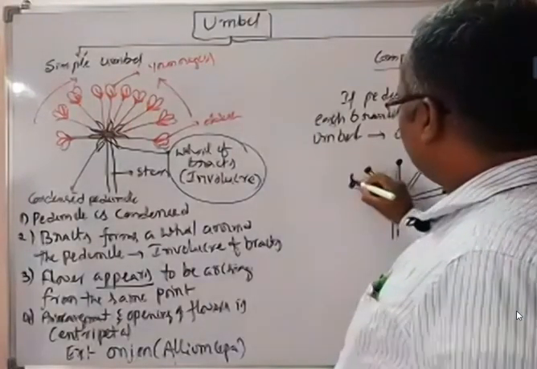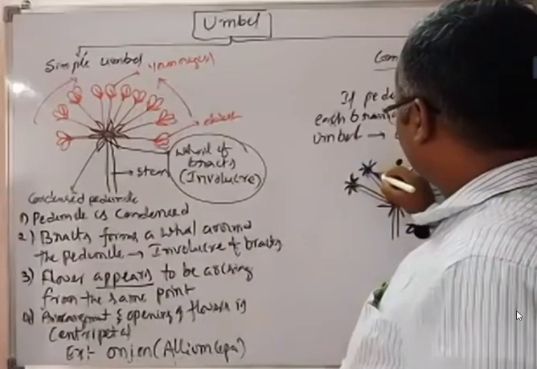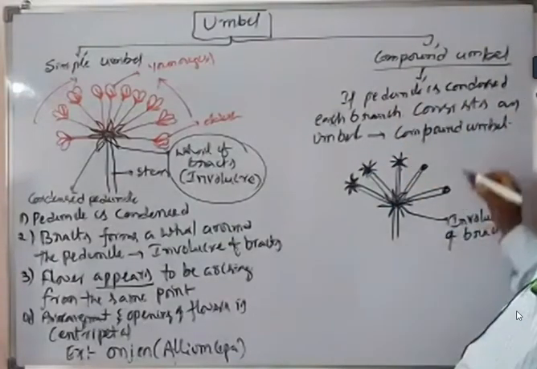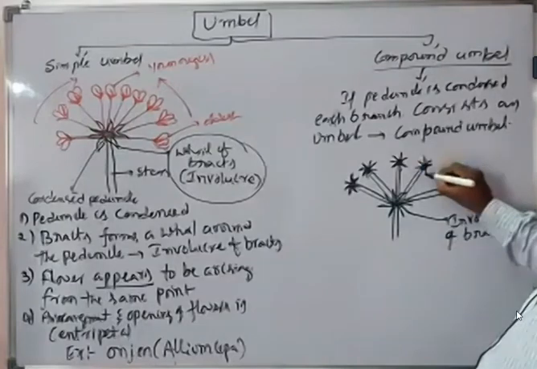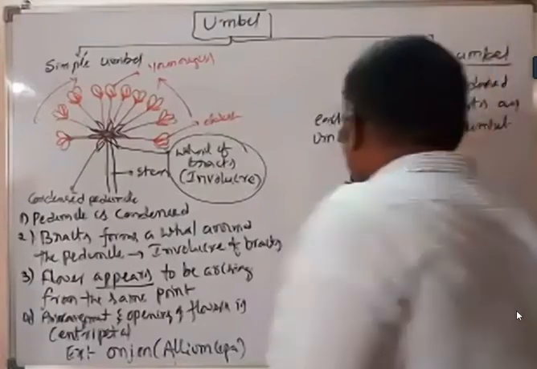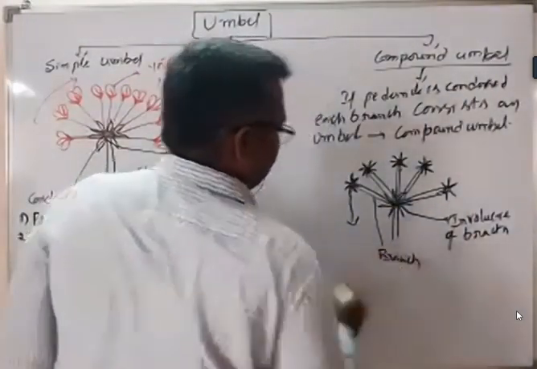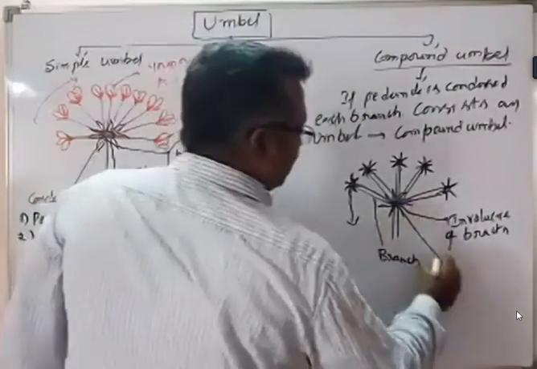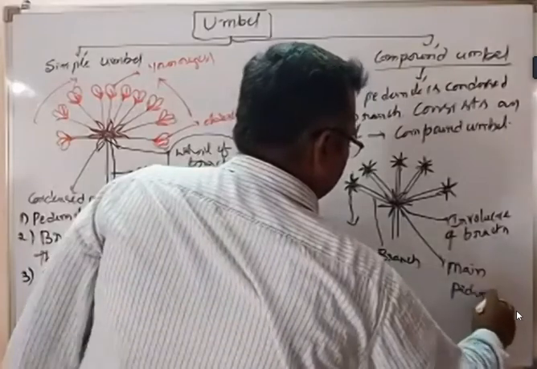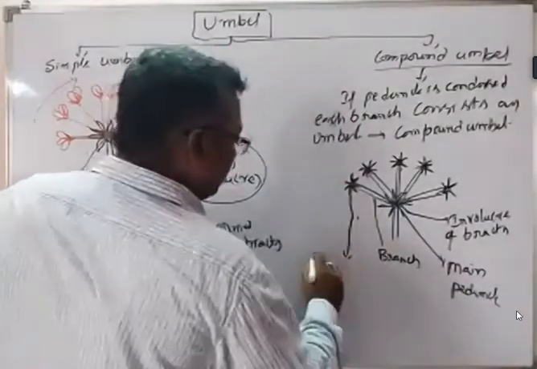Branch apex is also condensed, and again forms another whorl of bracts. This is the branch, and here is the main peduncle. This is called involucre of bracts.